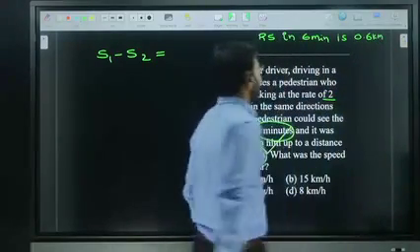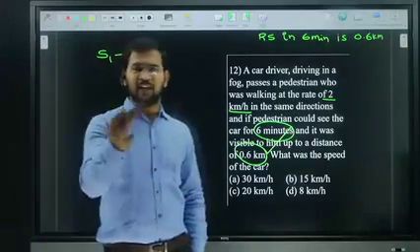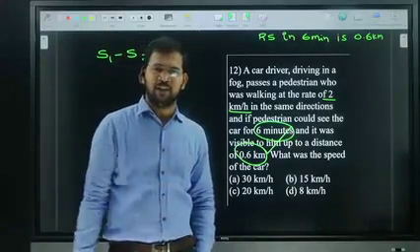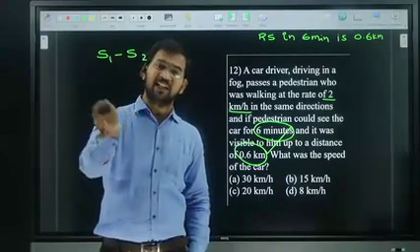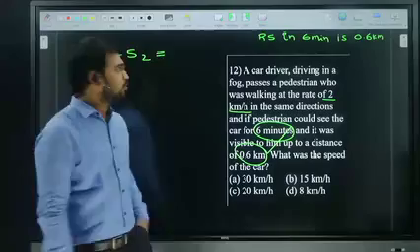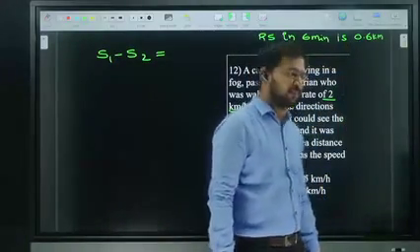In terms of time, 6 minutes visible; in terms of distance, 0.6 kilometers visible.